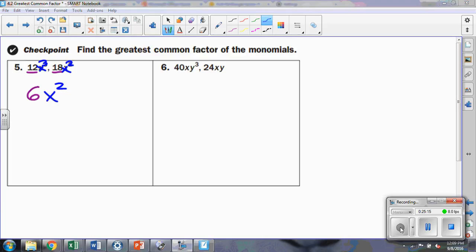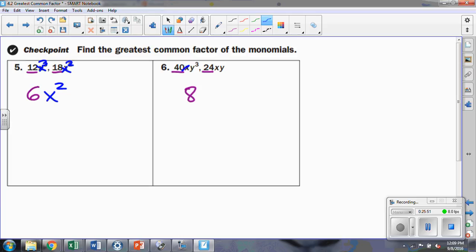Doing the same thing, we'll look at the numbers 40 and 24. What is the greatest common factor for 40 and 24? Whether you use the list method or you use the prime factorization method, that's up to you. But you need to recognize that the greatest common factor is 8. Once you've got the number part, then we can move on to the variable part.